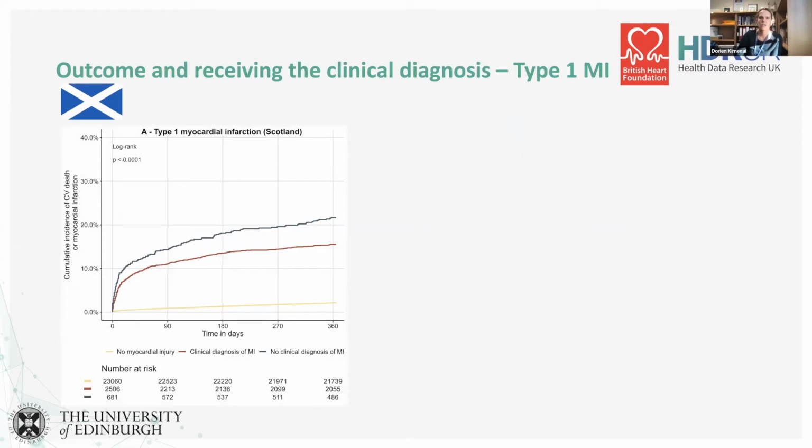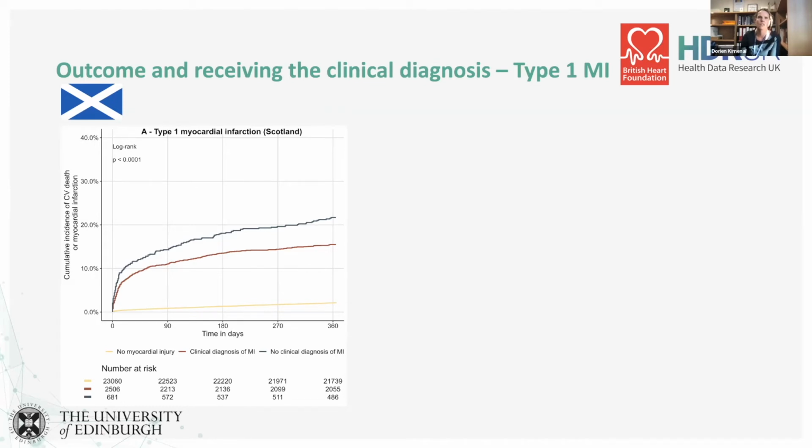So here you do see a cumulative incidence plot of myocardial infarction or cardiovascular death. The yellow line is the no myocardial injury group, which is a little bit the control group that we have. And in a way, you would say if they are not receiving a clinical diagnosis, then they should also be at low risk.